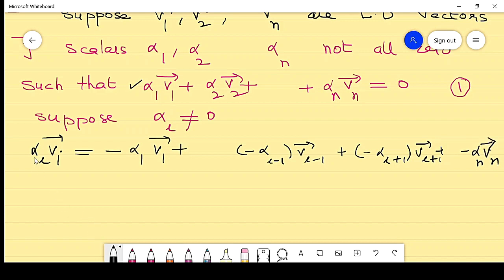Now this number alpha i is non-zero, so we can multiply by 1 over alpha i.